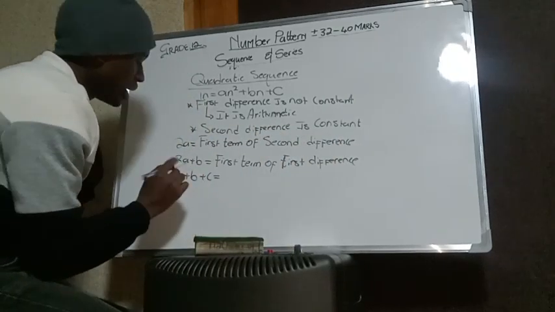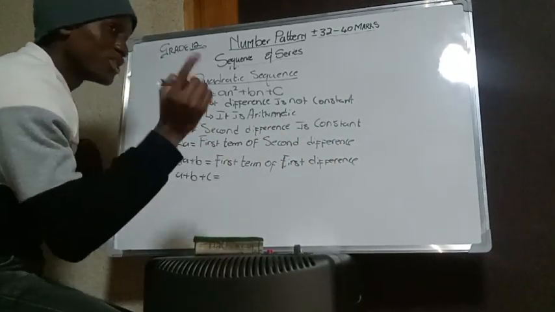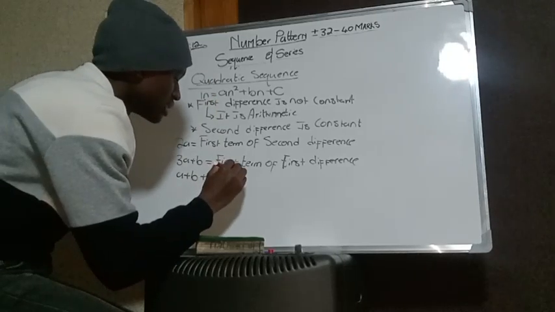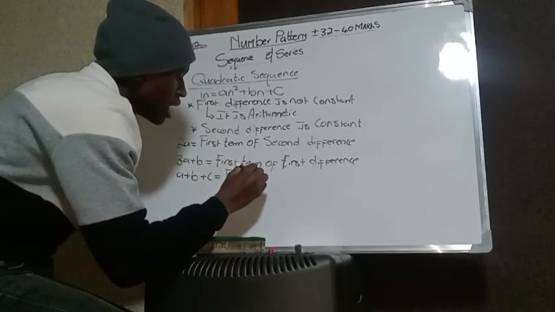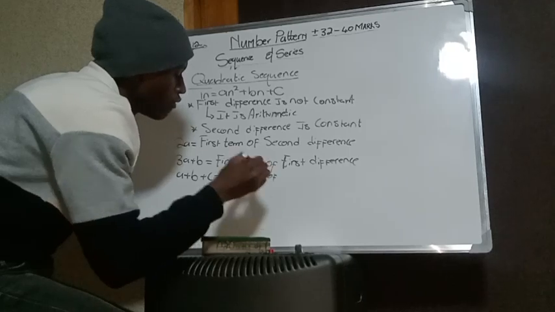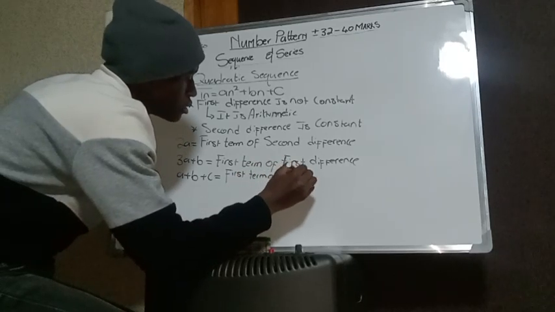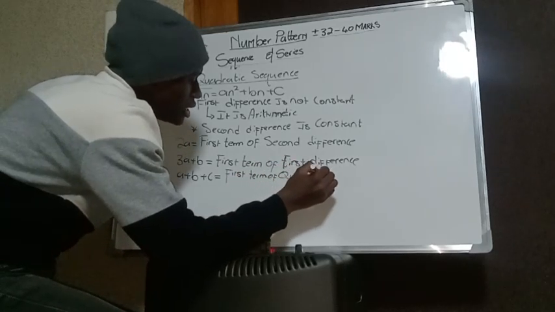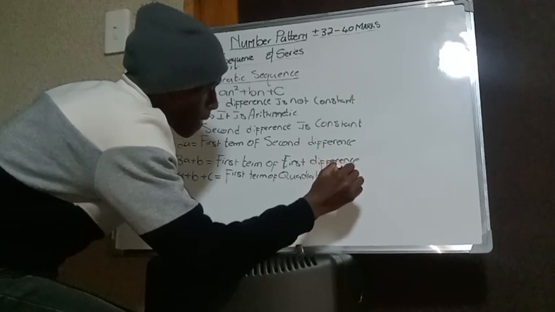And then a plus b plus c is equivalent to what? The first term of the quadratic sequence.